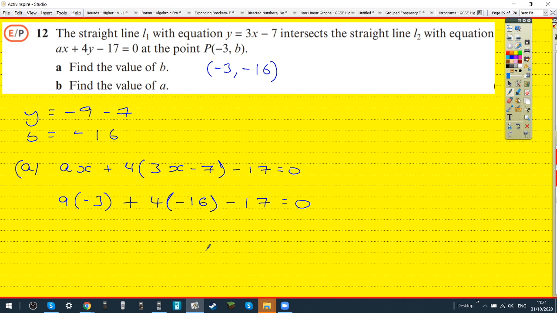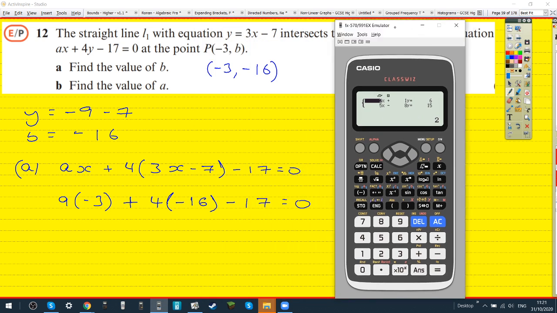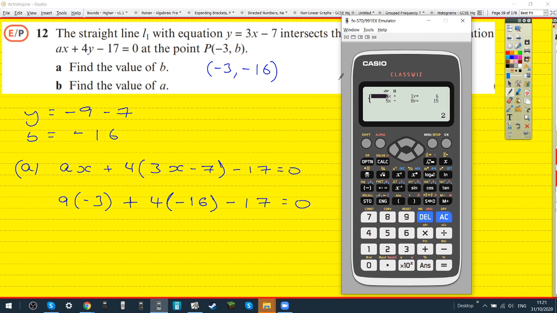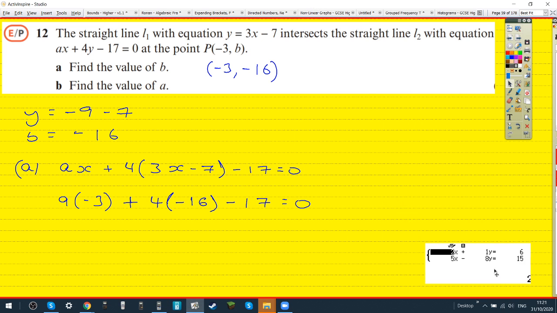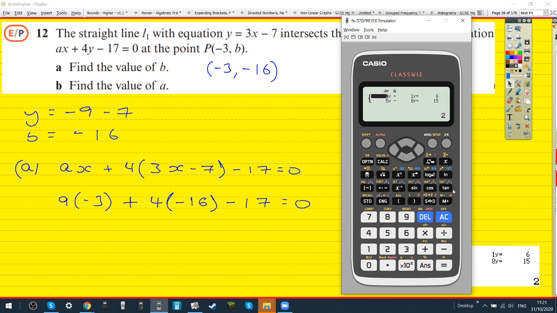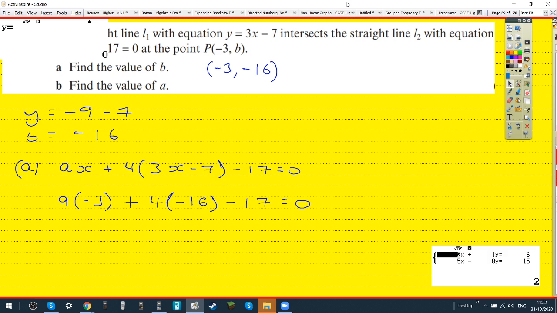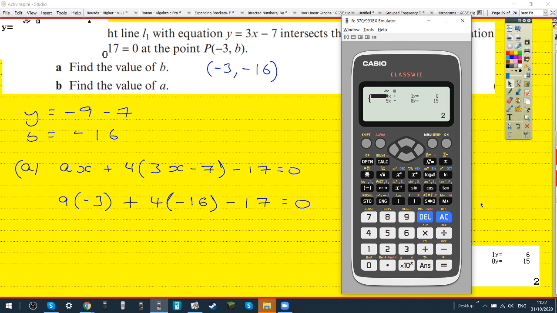That's it. So would a multiplied by minus 3 be minus 3a? Yep. So it'd be minus 3a plus minus 64, and then minus 17 equals 0.